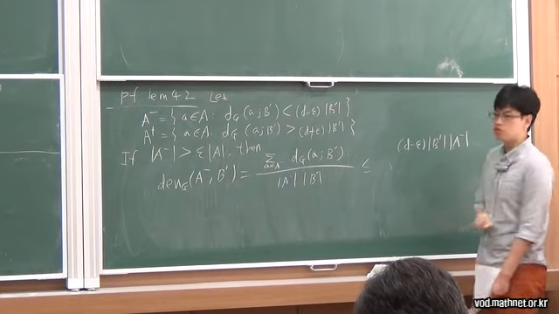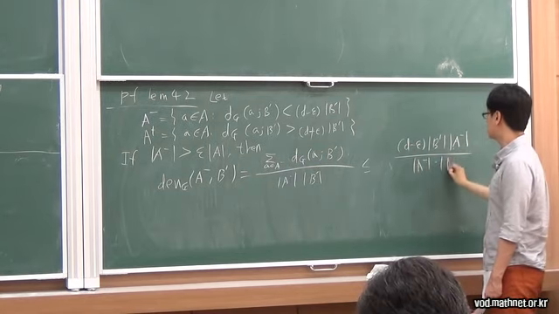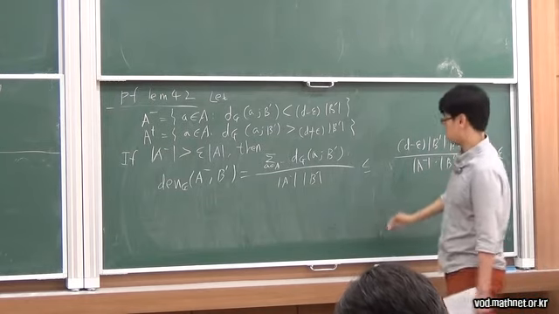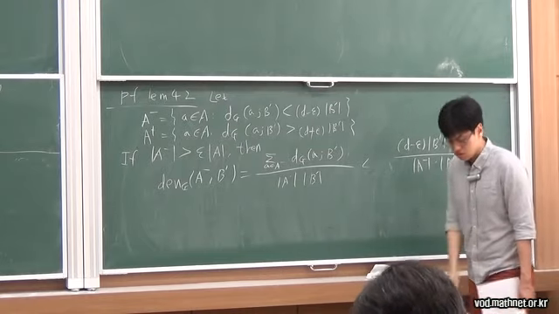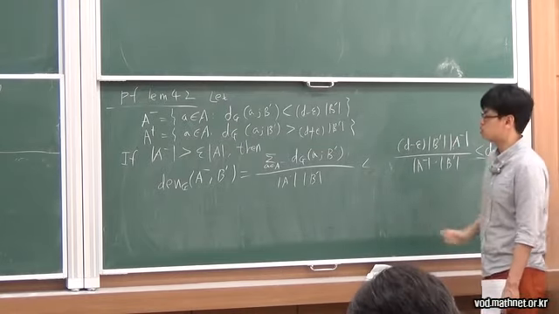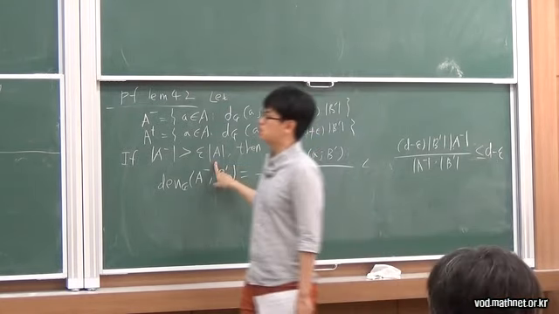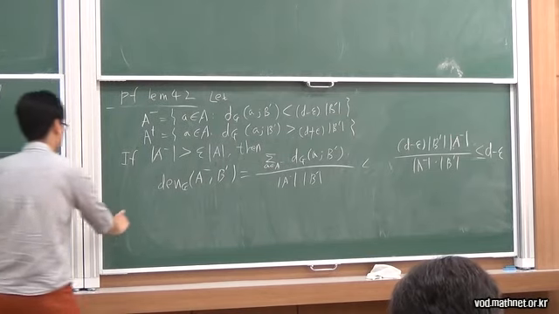We divide by A minus times B prime. Then it is strictly smaller than d minus epsilon. So if A minus is bigger than epsilon times A, that's a contradiction to epsilon regularity.